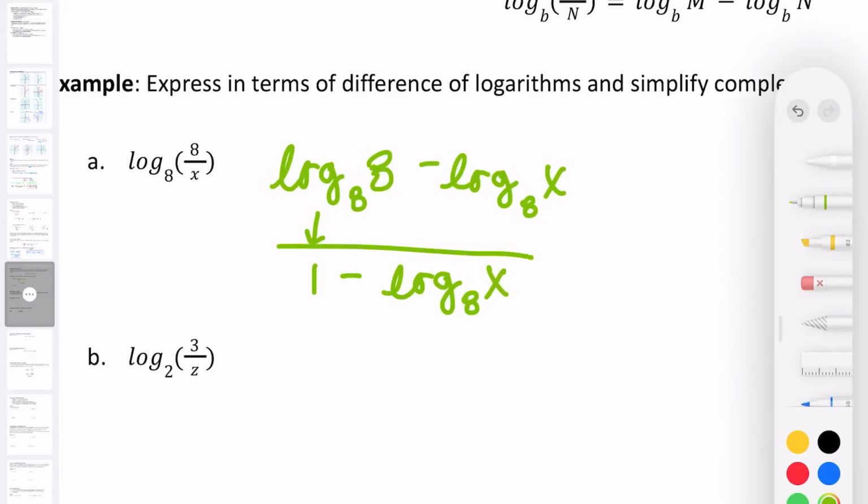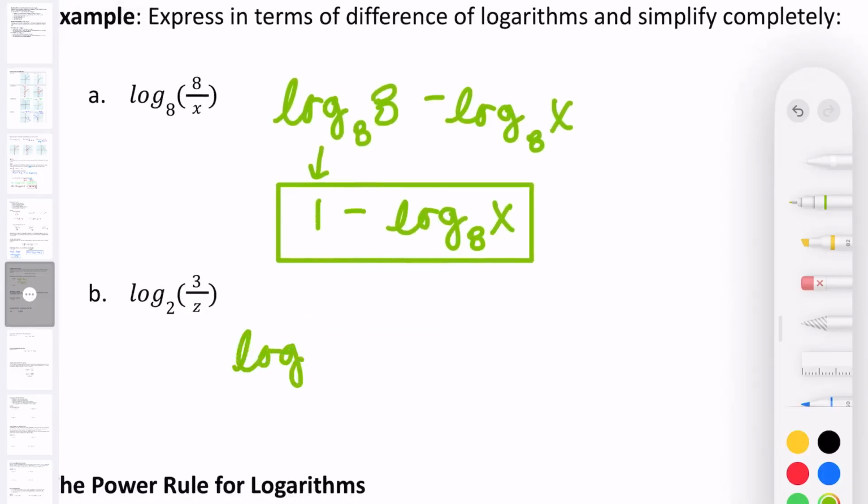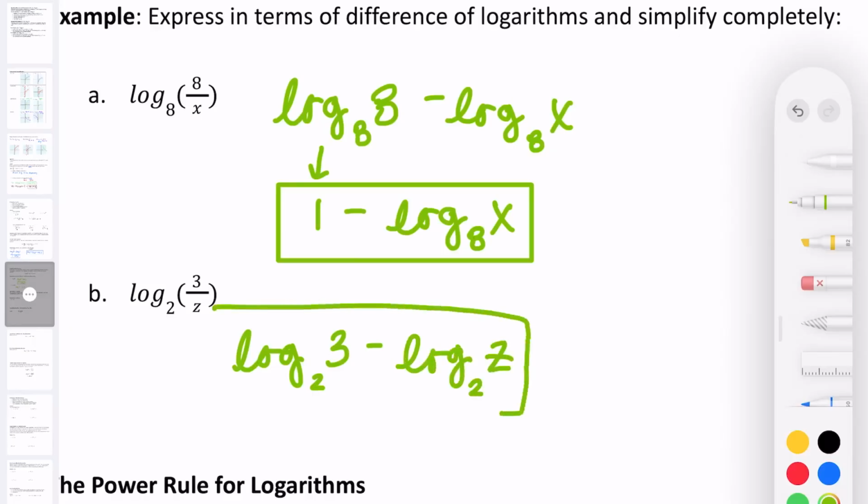So here's our fully simplified answer. Our next one is going to be log base 2 of 3 minus log base 2 of z. The first term can't be simplified any further, so this would be your final answer.